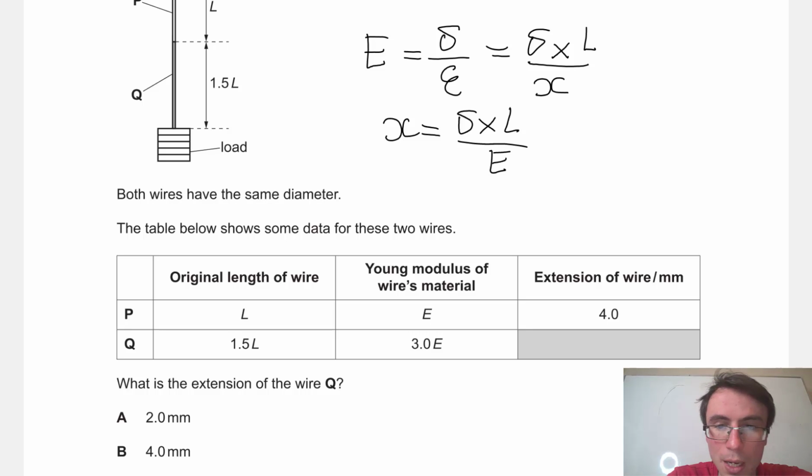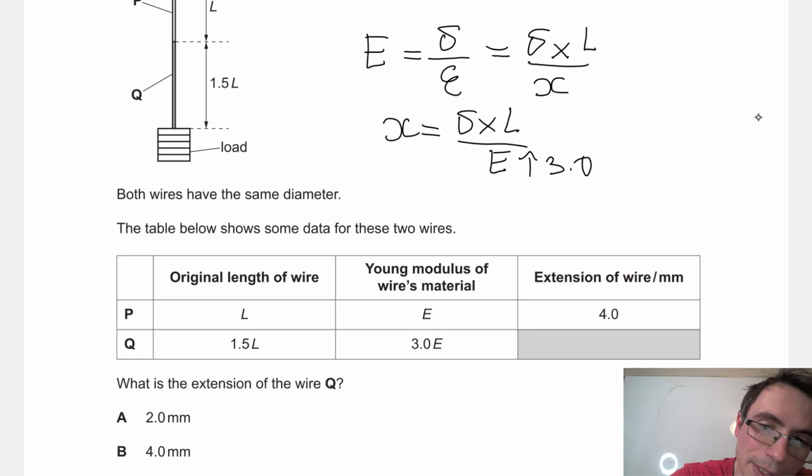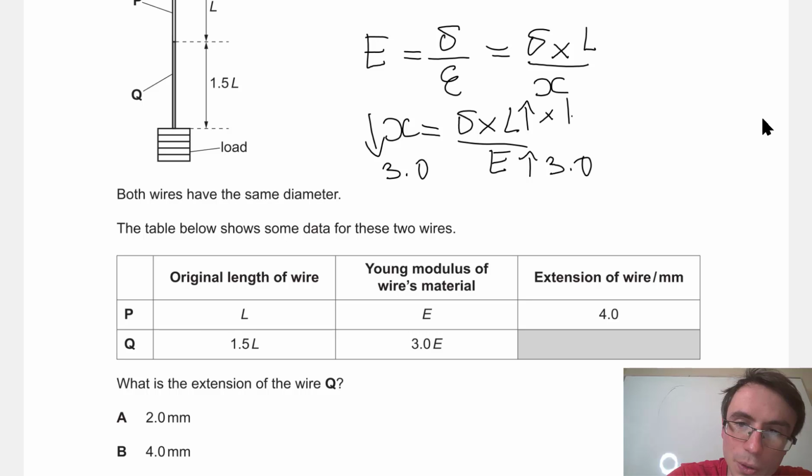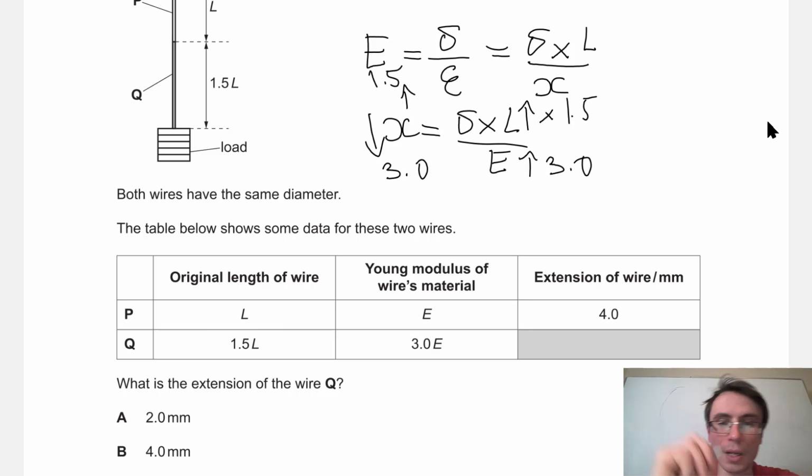Okay, so if E increases by 3, then x should decrease by 3. Now the stress is pretty much unchanged, but the length has increased by a factor of 1.5, which means that x will also increase by the same factor.